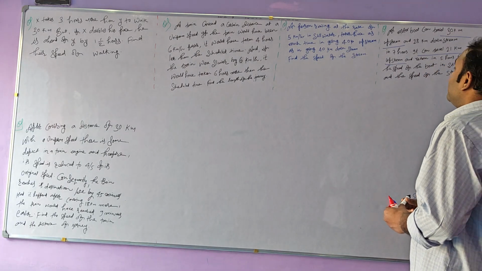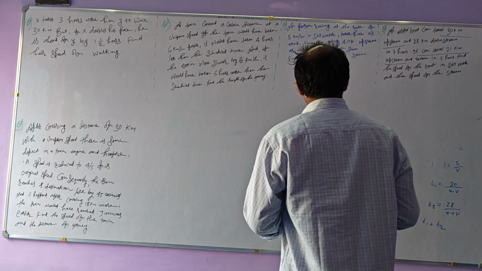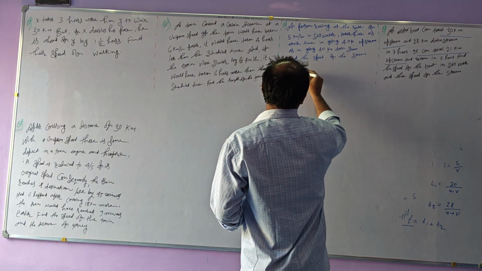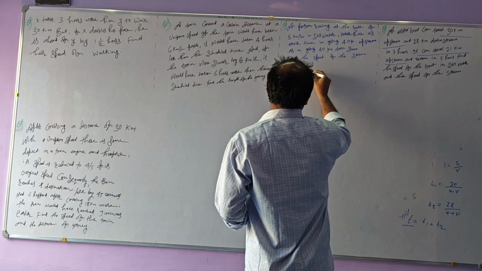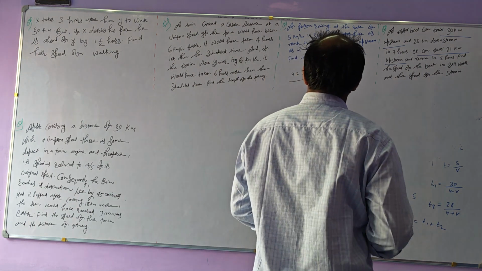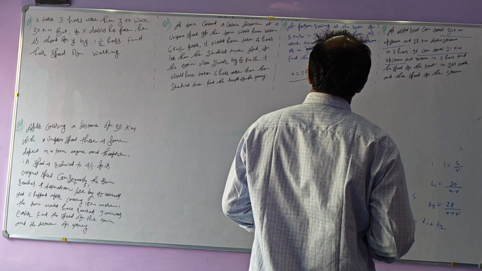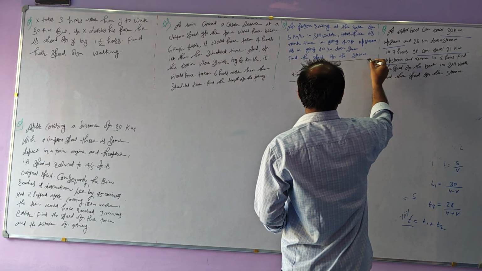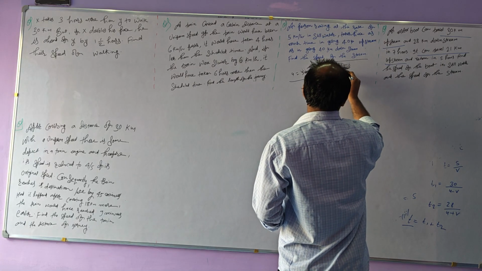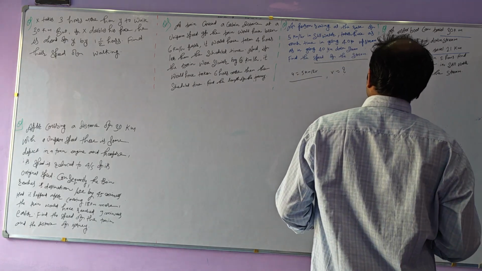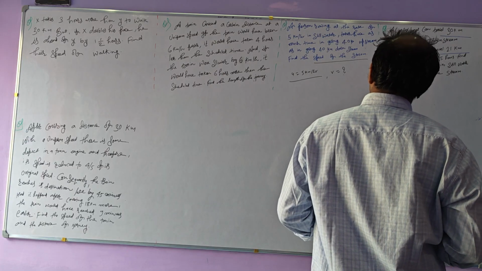Find the speed of the stream. u is equal to 5 km per hour, as given in the question, and we need to find the speed of the stream, that is, v is equal to what?